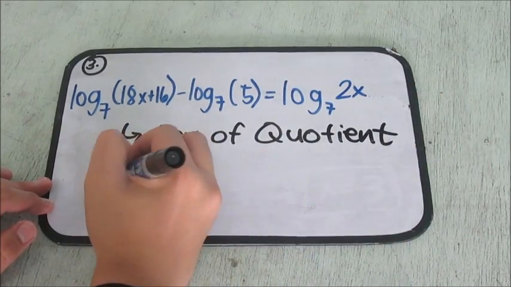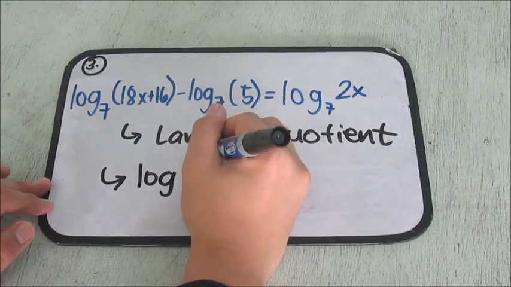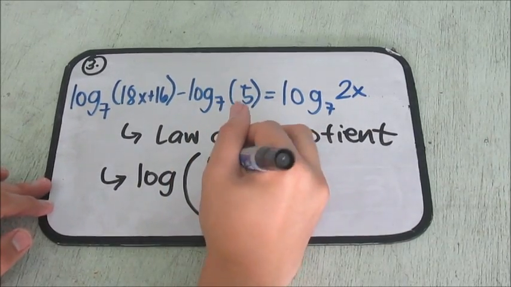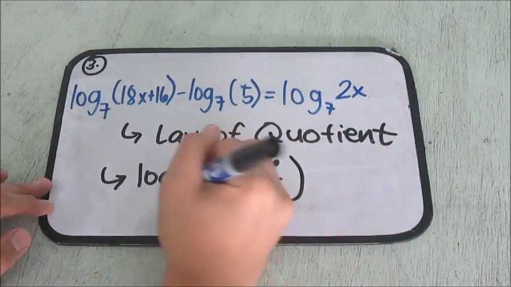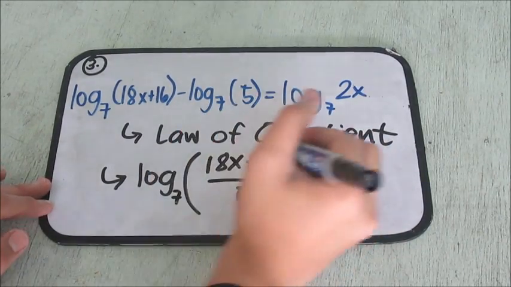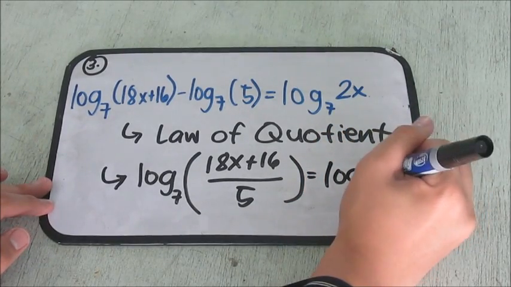we will arrive at logarithm of 18x plus 16 over 5 to the base 7 is equal to logarithm of 2x to the base 7.